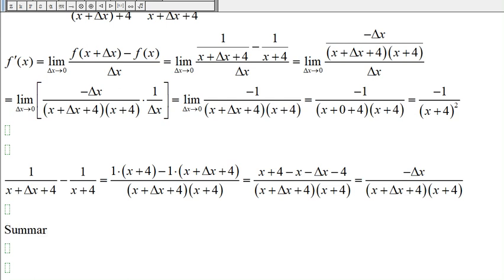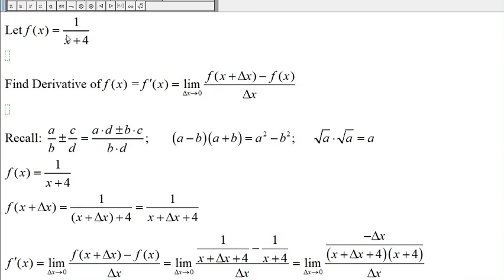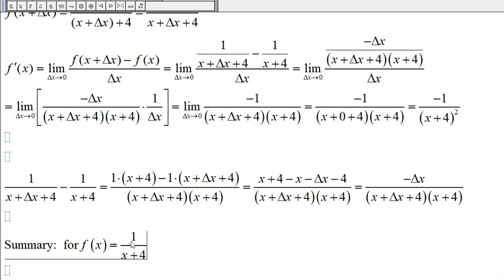And so in summary, for the function 1 divided by x plus 4, the derivative is this.